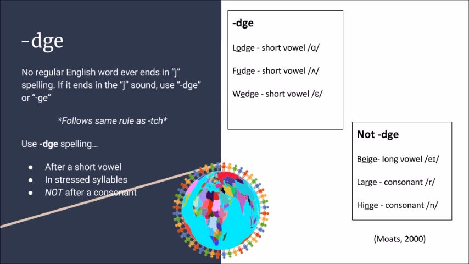This word has the long vowel A immediately before J, so since it's a long vowel, we only use the GE spelling. Then large and hinge both have a consonant that breaks up the vowel and the J spelling. So since the consonant is immediately before J, we only use GE.